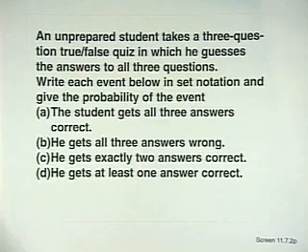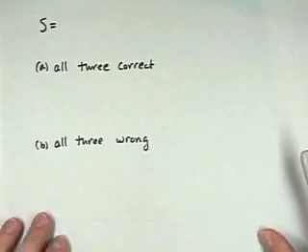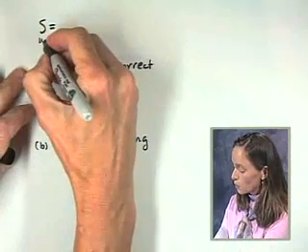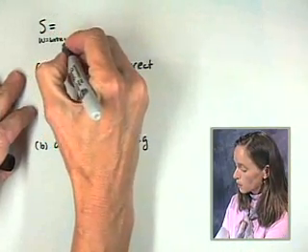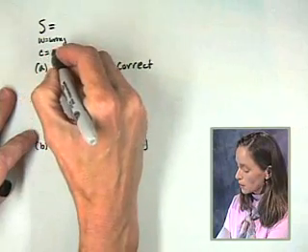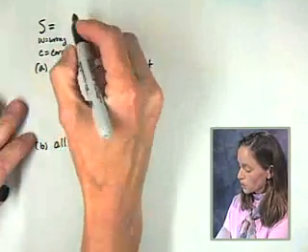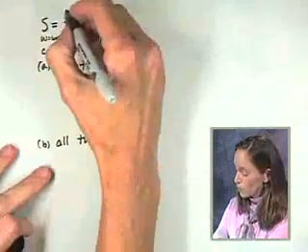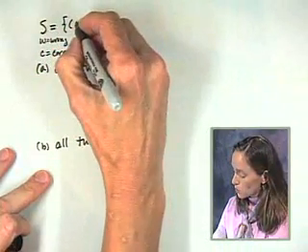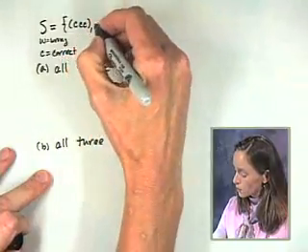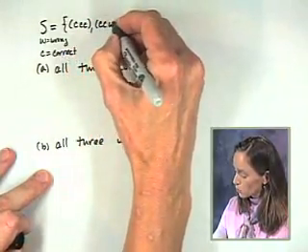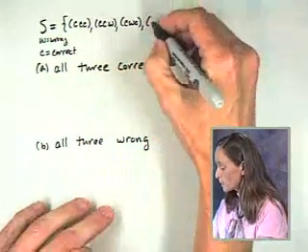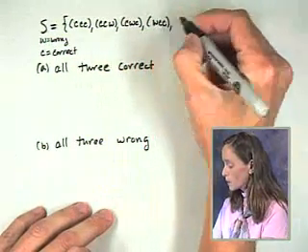I think it'll help in this problem if we write down the sample space. I'm going to use W for a wrong answer and C for a correct answer. Now there's 3 questions on the quiz, so it's possible that the student guessed correct, correct, correct, or correct, correct, wrong, or correct, wrong, correct, or wrong, correct, correct.